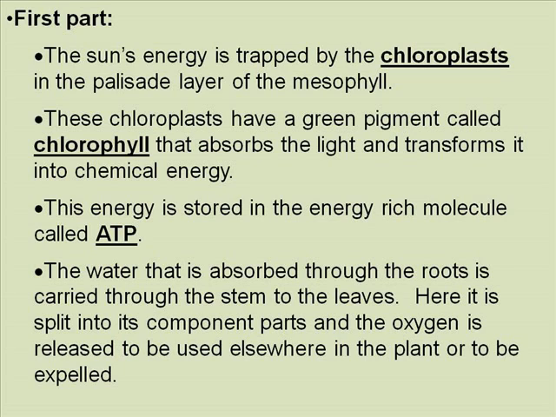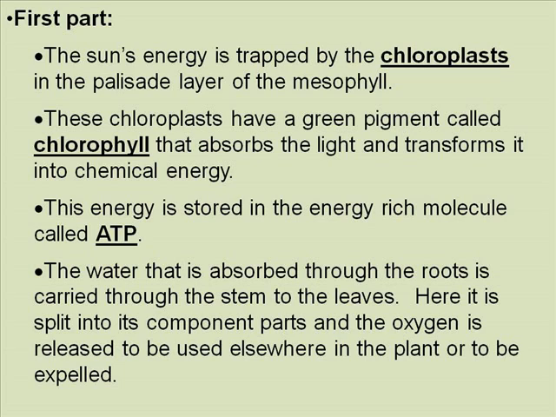So it's going to make a molecule of chemical energy, and that molecule is called ATP. That's an abbreviation for much longer words. You don't need to know those words until high school. So first step in photosynthesis, sunlight's absorbed and it's changed into chemical energy, which is called ATP.